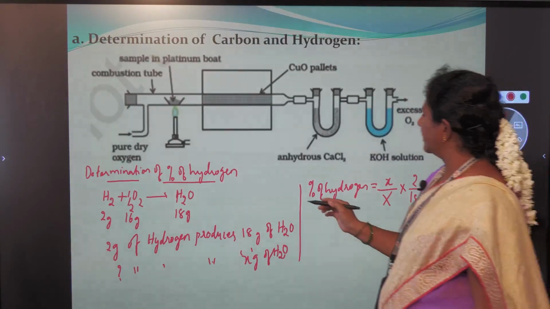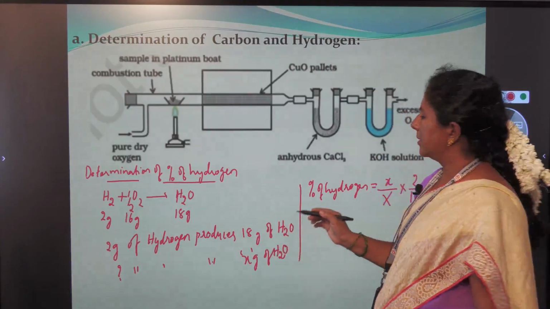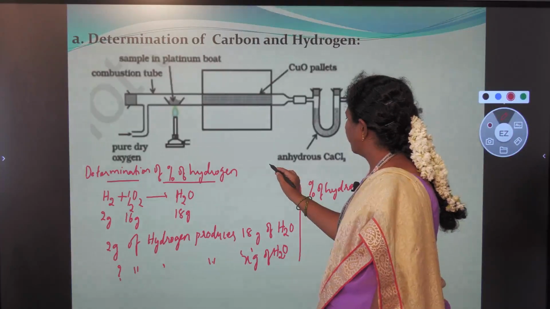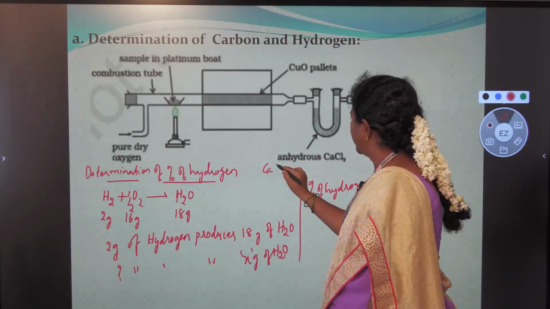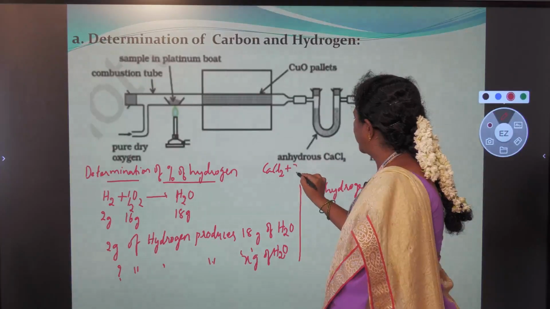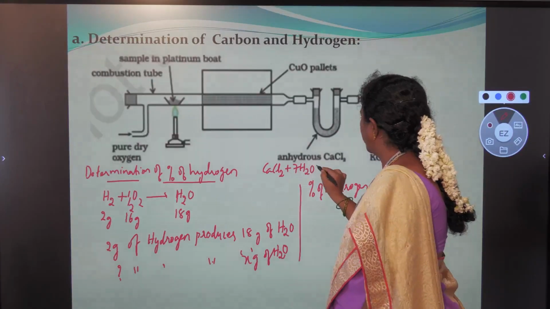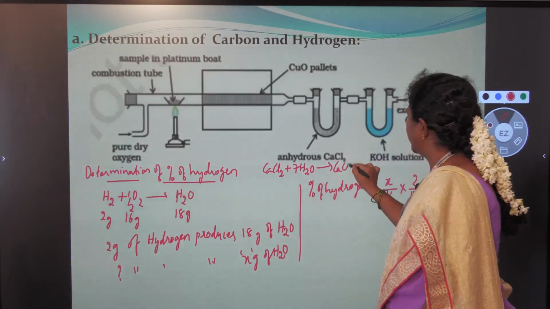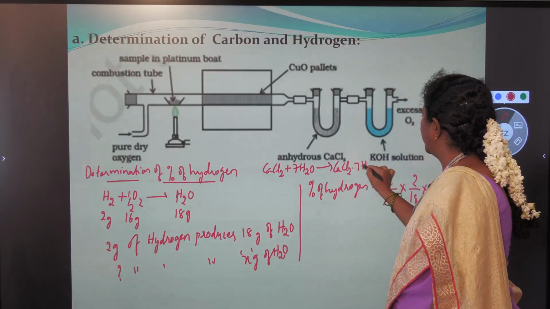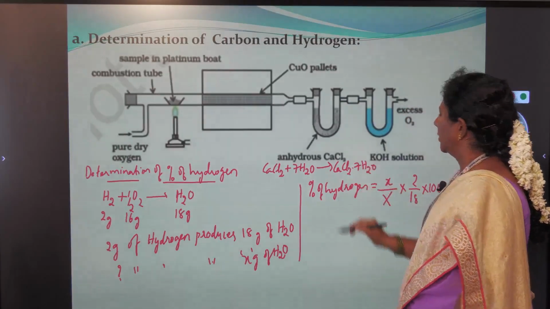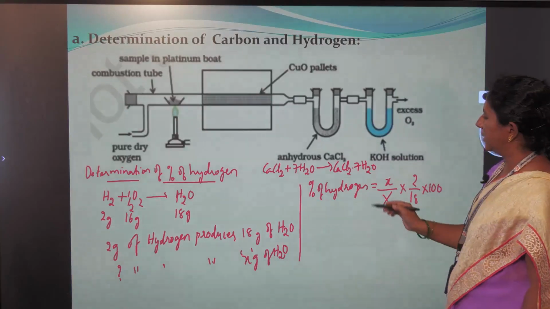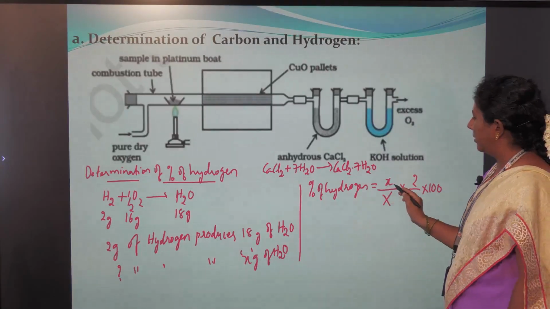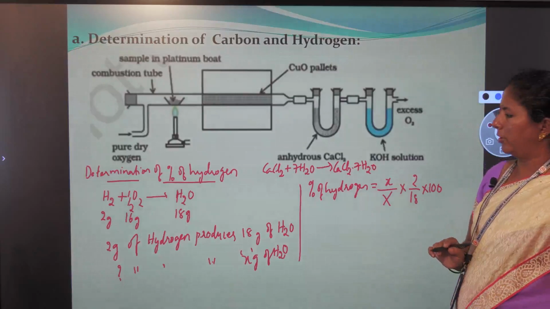Why we are saying increase in CaCl2 bulb is nothing but the amount of H2O formed means here the CaCl2 will absorb the water formed and forms CaCl2 7H2O. So the increase in weight of the CaCl2 bulb is nothing but the amount of H2O formed.